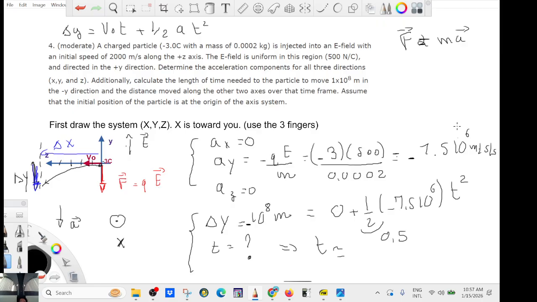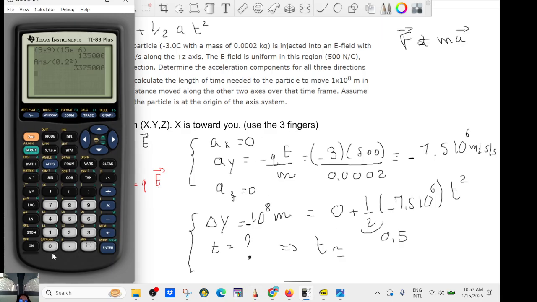Divide by 7.5, 10 to the 6, and you take the square root, right? Yeah, you should not have any more. Let's see. 10 to the 8, the square, okay? Don't forget to square. So 10 to the 8, okay? You multiply by 2.